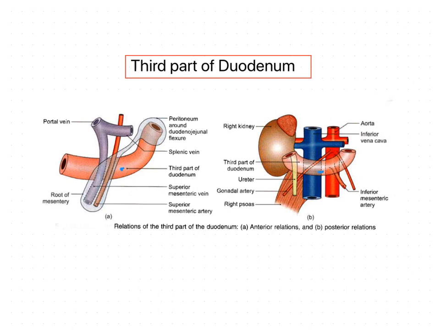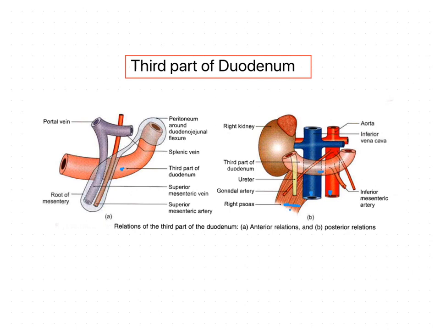Posteriorly, it is related to the right psoas major muscle, and also the inferior vena cava and aorta.